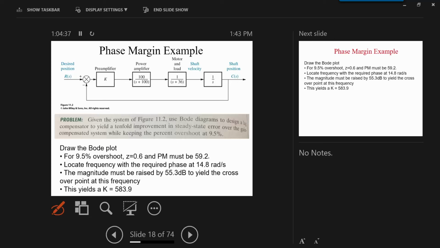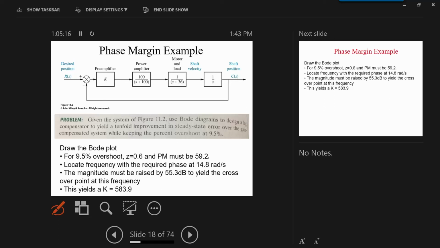We have K, the amplifier gain, which is 100 over s plus 100, and then the motor, which is 1 over s plus 36, and then the integrator to get the position. So this is the system.